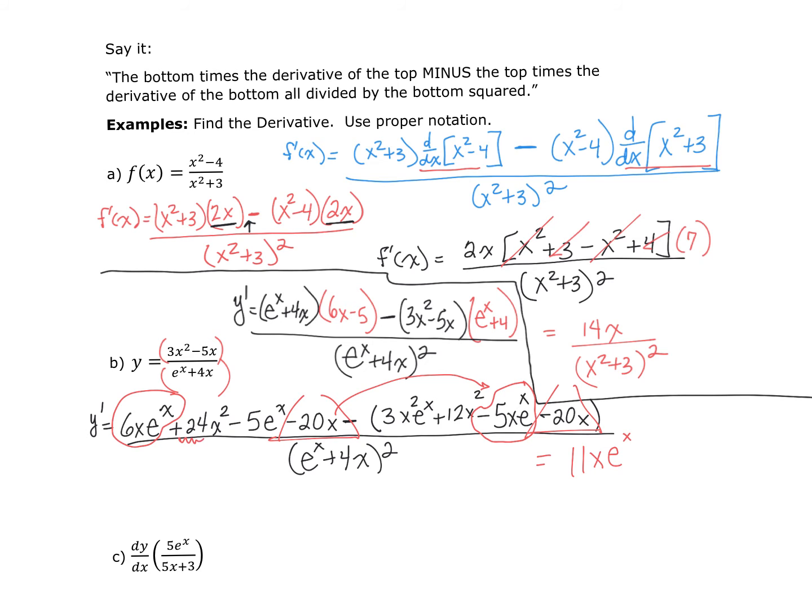We've got plus 24x squared minus 12x squared, which is 12x squared. And then the other two are not like terms, so we have minus 5e to the x minus 3x squared e to the x all over e to the x plus 4x squared.